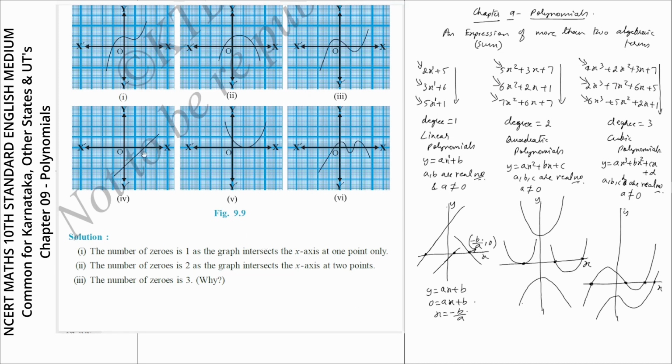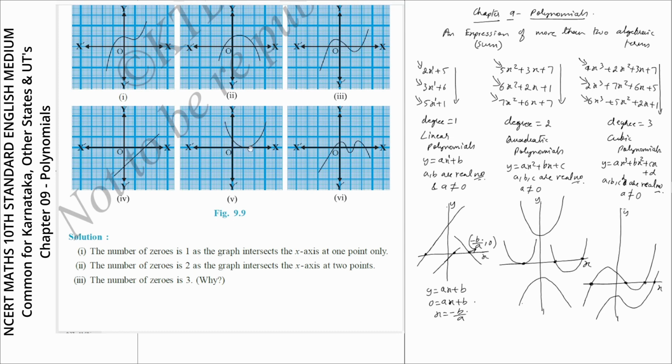In the fourth example, the given polynomial is actually a linear polynomial, that's why it is a straight line. This linear polynomial is intersecting the x-axis at 1 point. Therefore the number of zeros is 1. And here this polynomial is just touching the x-axis at only one single point. Therefore the number of zeros is 1.